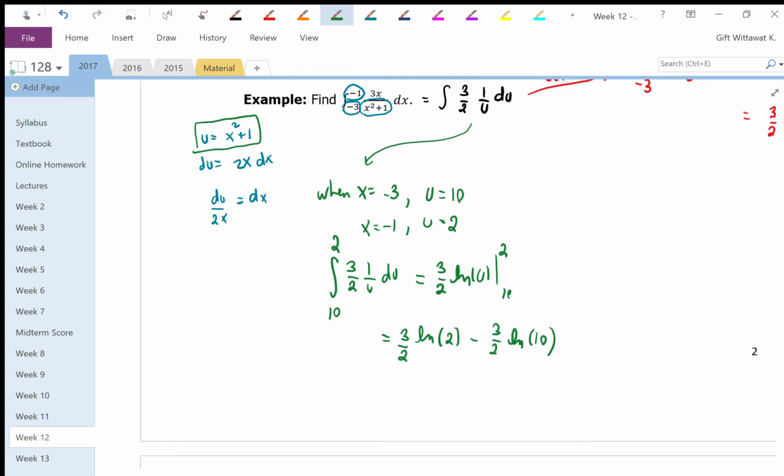So that's going to be my answer here. So that's one way of doing it. Let me also show you an alternative way of doing the same thing.